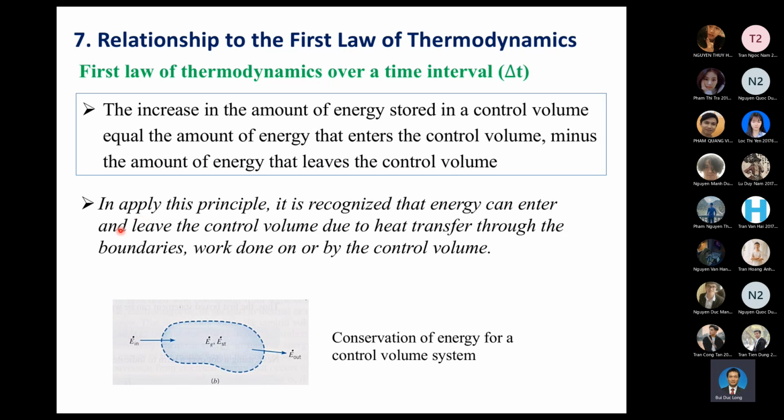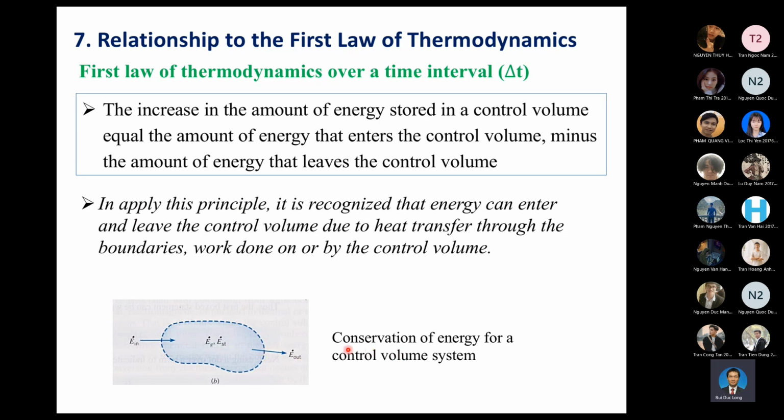The statement applicable for this principle recognizes that energy can enter or leave the control volume due to heat transfer through the boundary. You can see the heat can transfer into the system through the boundary, and work is done on or by the control volume.